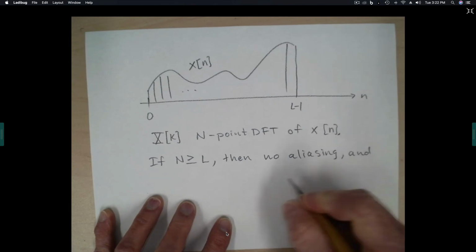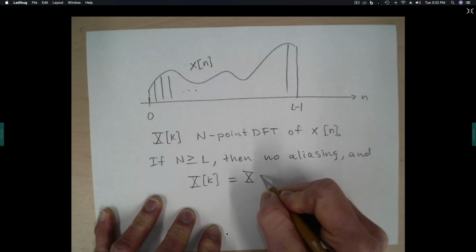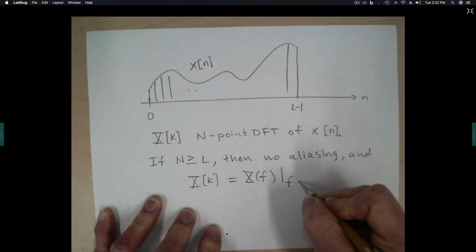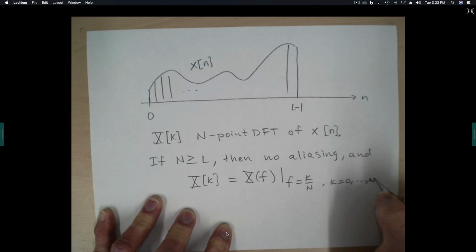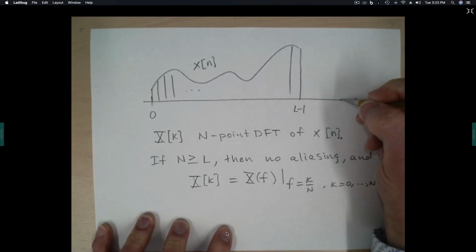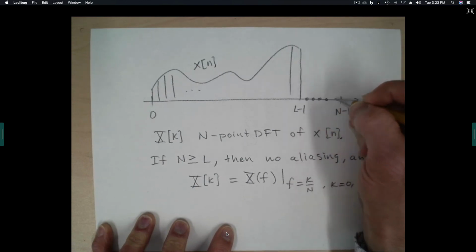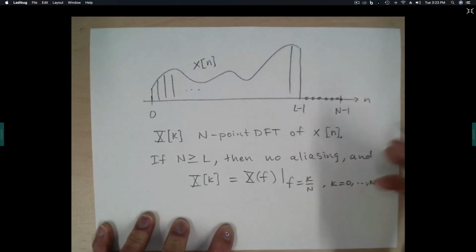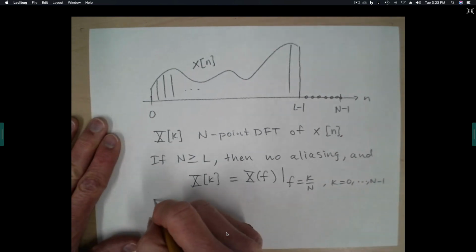And if there's no aliasing, then X[k] is equal to X(f) at frequencies k over N. So if we choose N over here, what effectively happens is we get zero padding of our sequence, and that's perfectly fine. This just means that we will get more samples of the underlying function, of the underlying shape that's present.